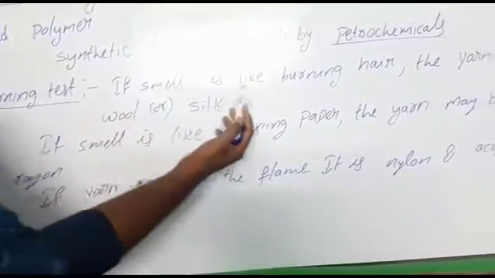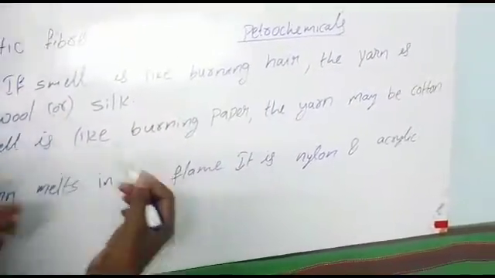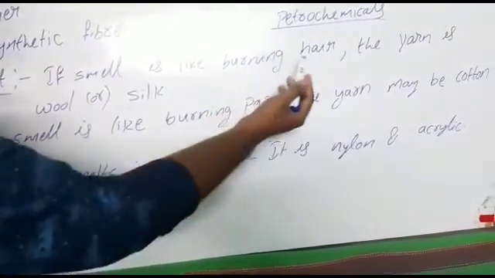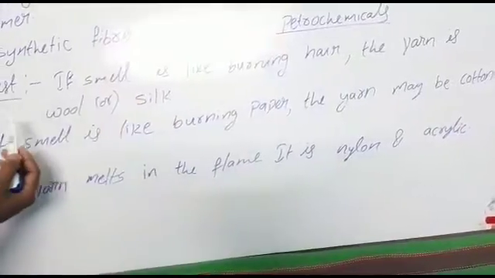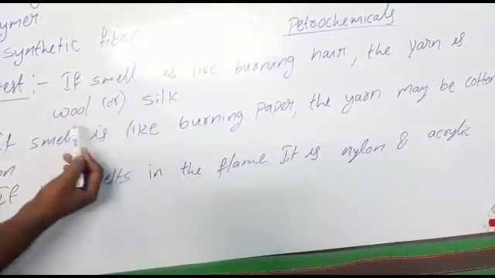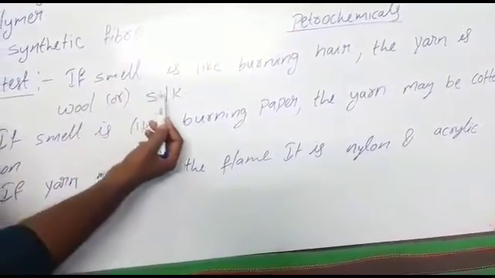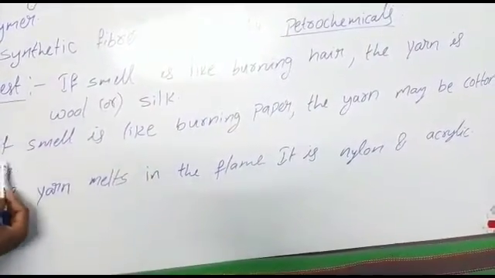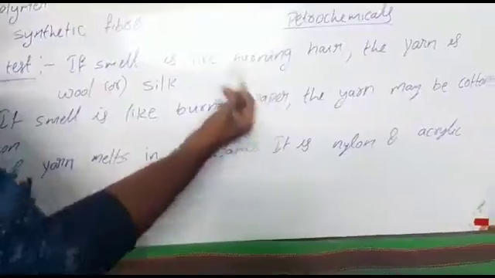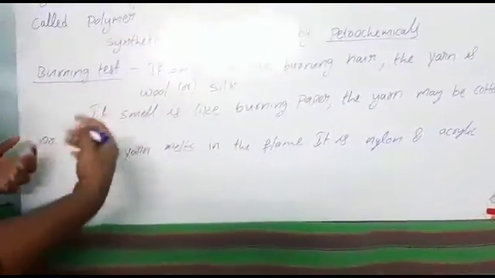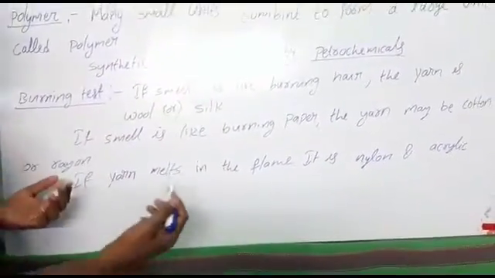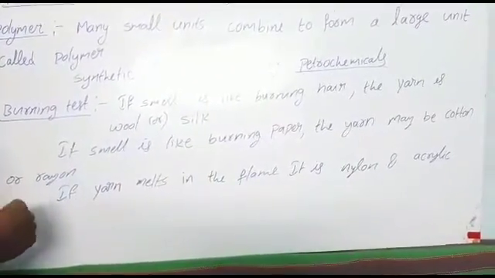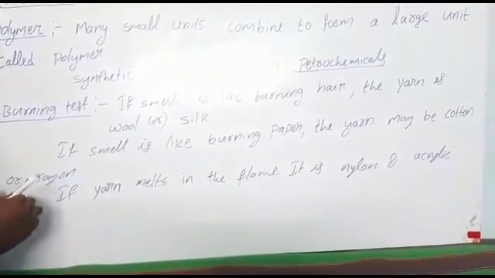When we burn the fiber, if it gives a burning hair smell, then the yarn is wool or silk. And if the smell is like burning paper, then the yarn may be cotton or rayon. These are very important.